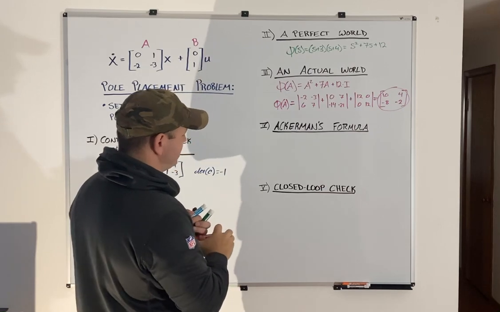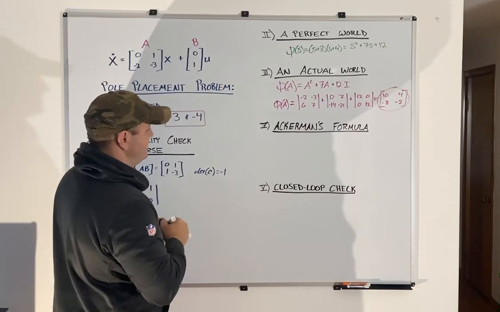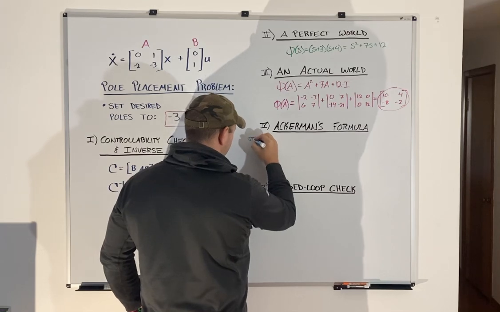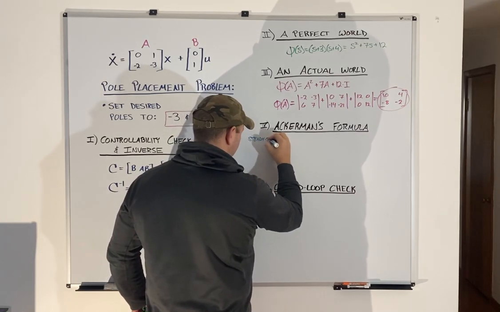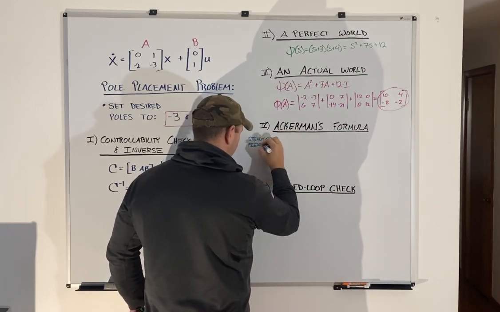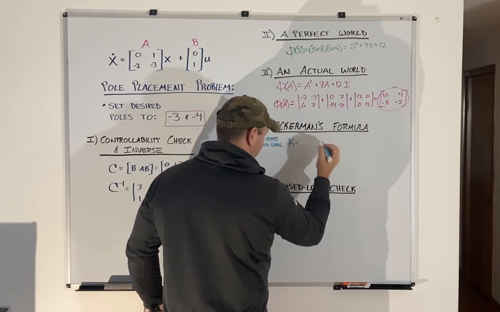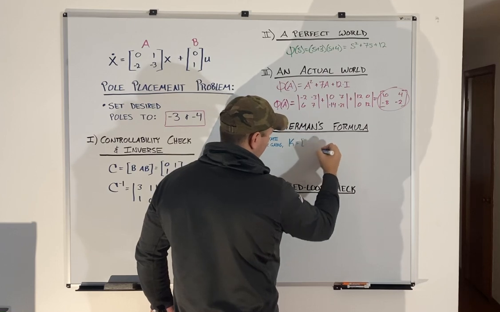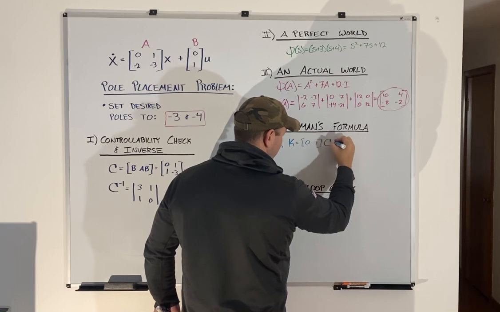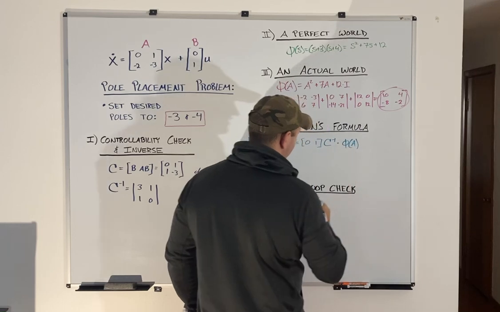Now that we've got our actual scenario, we'll go for Ackermann's formula. Ackermann's formula says that the steady state feedback gains K are equal to a row of zeros with a 1 on the end, of dimension n, so [0, 1], times the inverse of C times the actual world scenario.